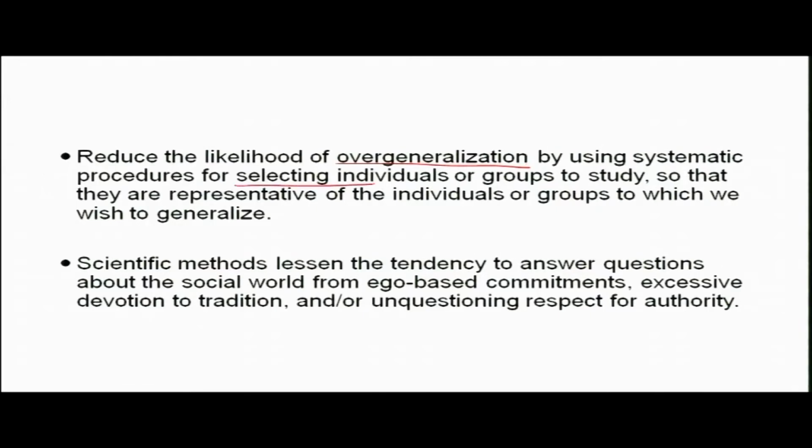So choosing who you want to study, again going back to some of the previous lectures on this topic, we have been talking about units of analysis. So as you can see, while we are crafting a research protocol, a research design, social scientists constantly have to keep in mind to reduce the likelihood of overgeneralization.